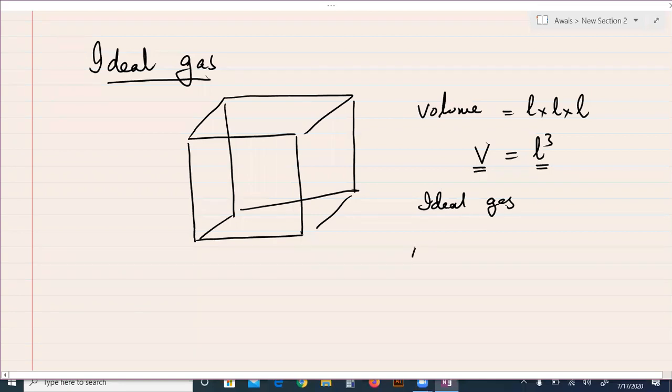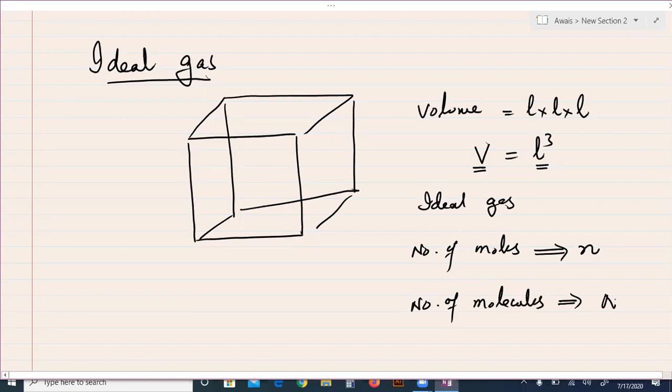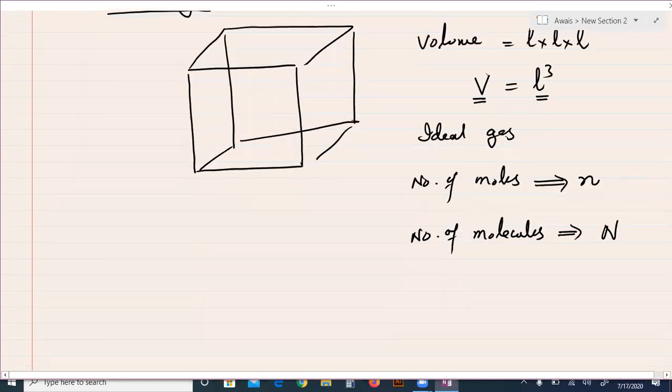Now the number of moles of the ideal gas, suppose small n, and the total number of molecules in the container for the ideal gas, capital N. So small n represents the number of moles and capital N the number of molecules.